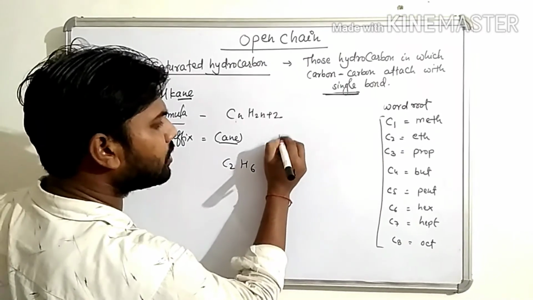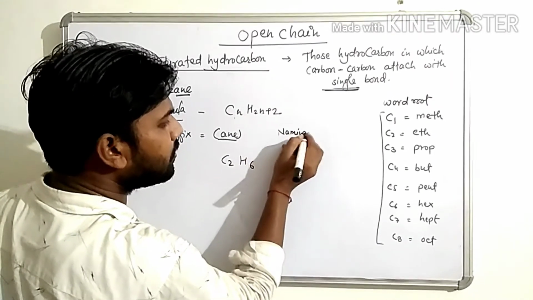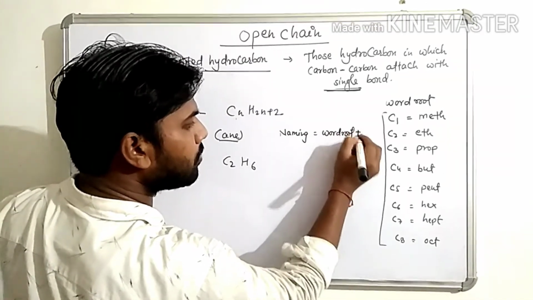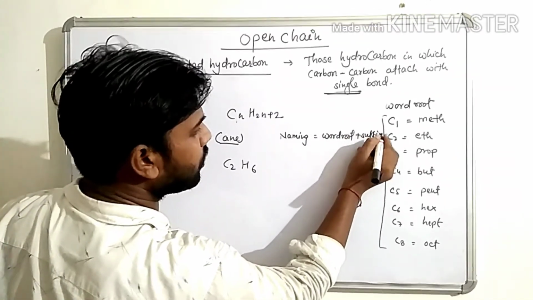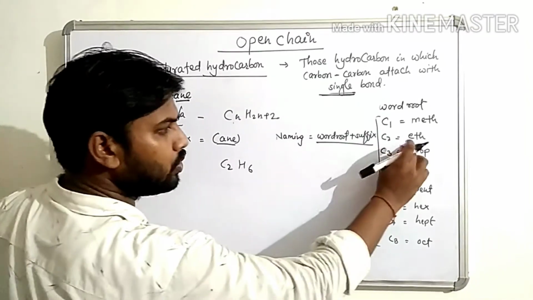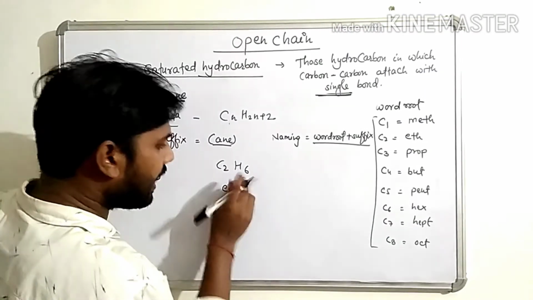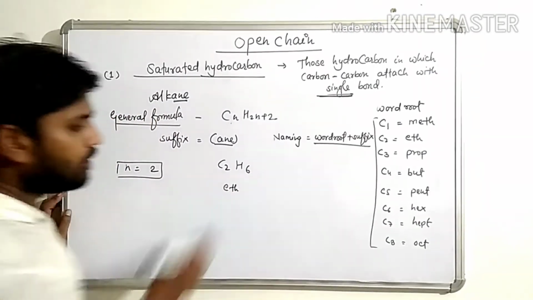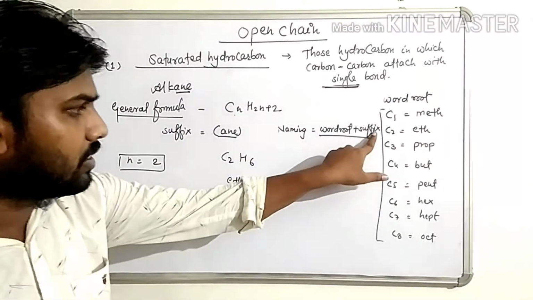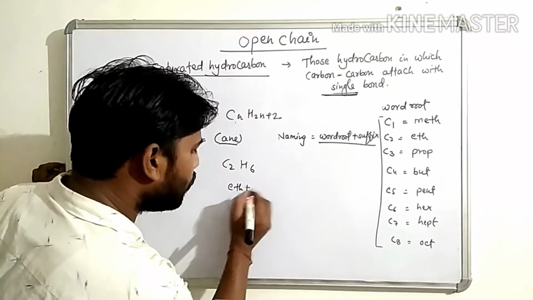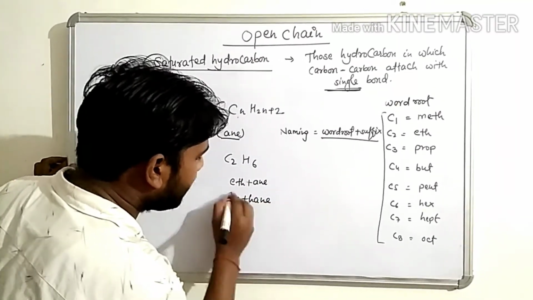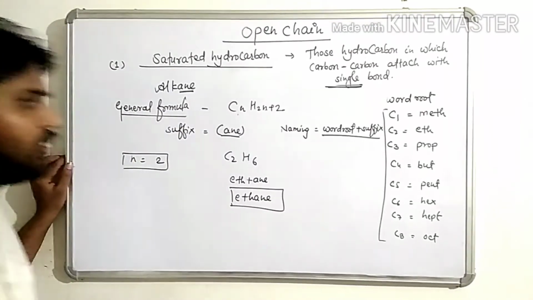You can note in your copy, children: naming will be word root plus suffix. Here carbon is 2, so the word root is eth, and the suffix is ane. So eth plus ane is ethane. Concept clear, children?